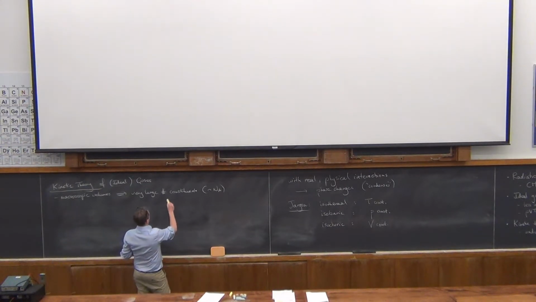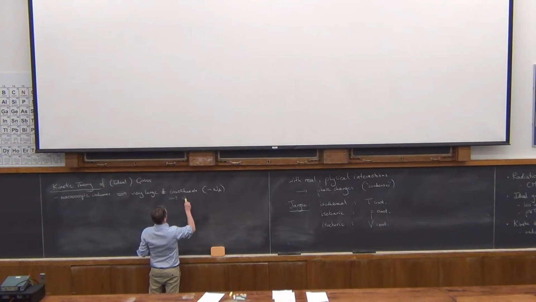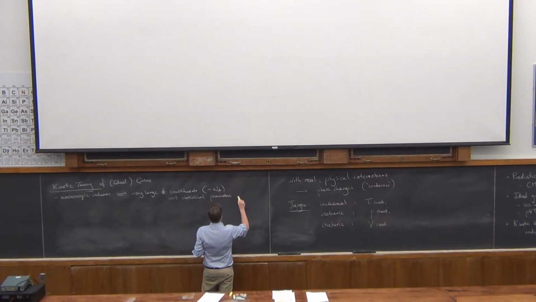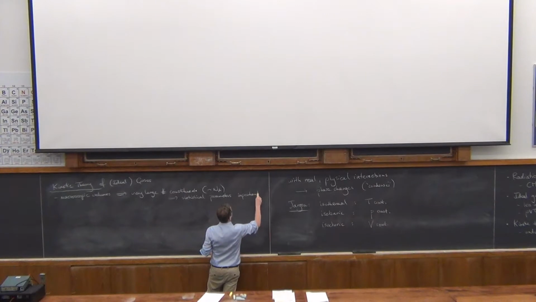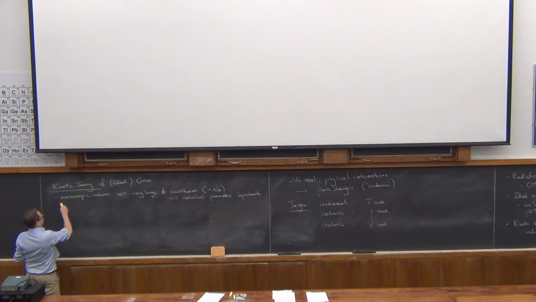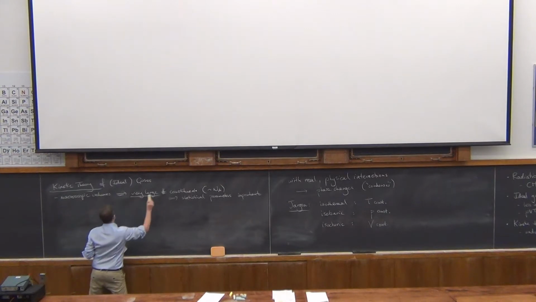So that obviously suggests that some ideas from statistics might be interesting. So statistical parameters are important, and we're going to do some averaging. So we've got macroscopic volumes, we've got very large numbers.